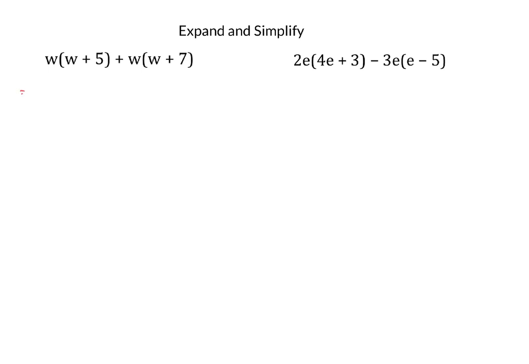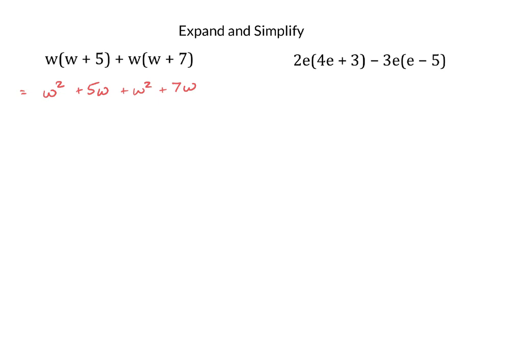So the first one here, we would have w times w is w squared, w times 5 is 5w, it's a positive because we've got no negative symbols there. Then we have plus w times w is w squared, and w times 7 is plus 7w. So these two multiply to make this, these two multiply to make this, these two multiply to make this, and these two multiply to make this.